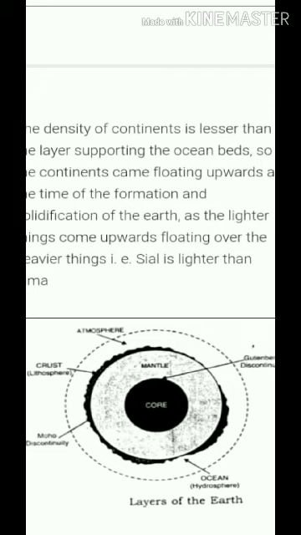It means the materials present inside the core are nickel and ferrium. This is the reason for the Earth's magnetism. The average density of the core ranges between 5.0 and 13.0 gram per cubic centimeter, and it increases towards the center.